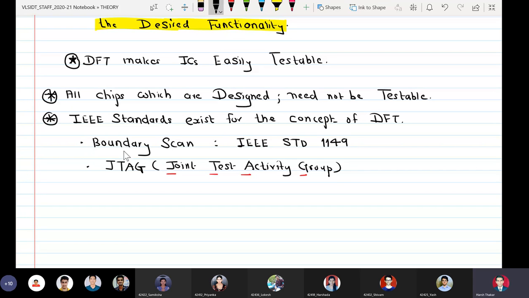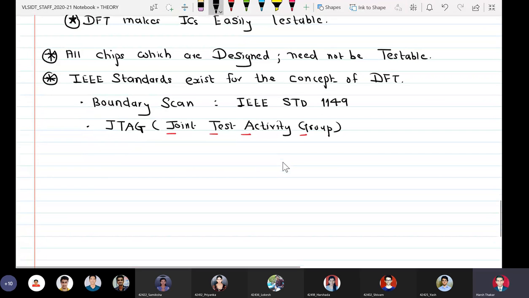Similarly, these JTAG cables which we use for programming Raspberry Pi or ARM or whatever it is, or FPGA also, in fact, they are all conforming to a substandard of the boundary scan protocol. That is, its number is 1149.1. So JTAG has the number IEEE STD 1149.1. You can check it.